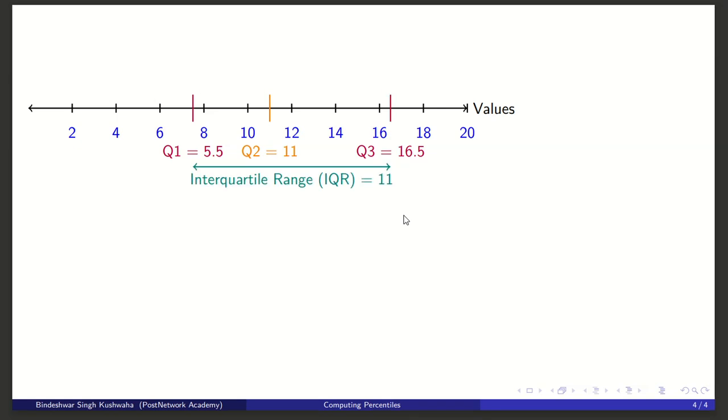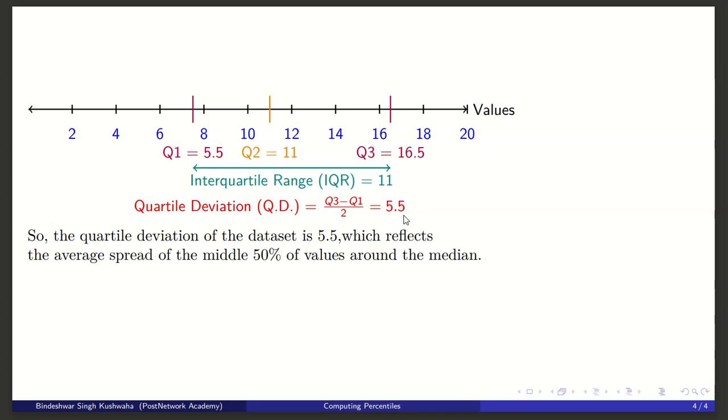Now the interquartile range, you subtract Q1 from Q3 and that is 11. And the quartile deviation is 5.5.